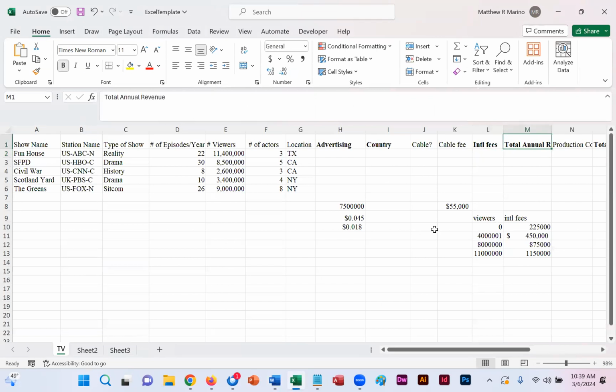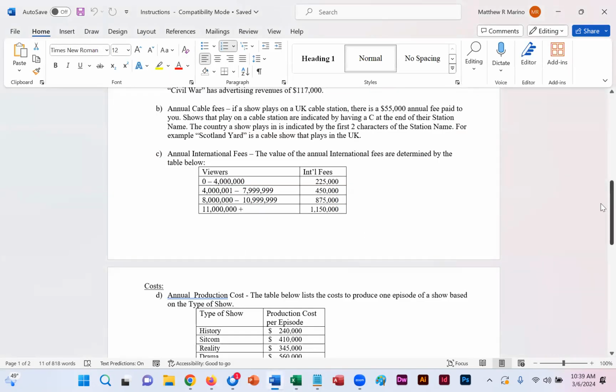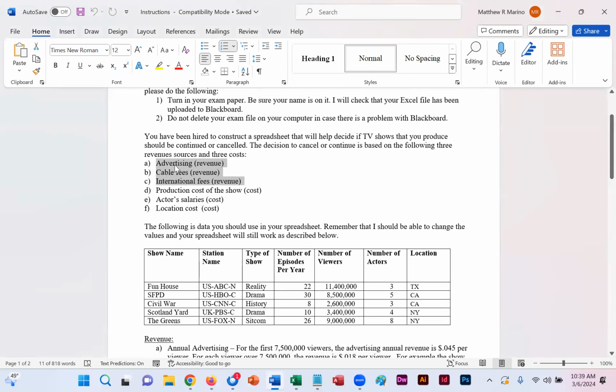So then for the total annual revenue, we would simply have a formula of equals our advertising here, plus our cable fee there, plus our international fees there. And that's what this is telling us above here. Advertising plus cable fees plus international fees are revenue.